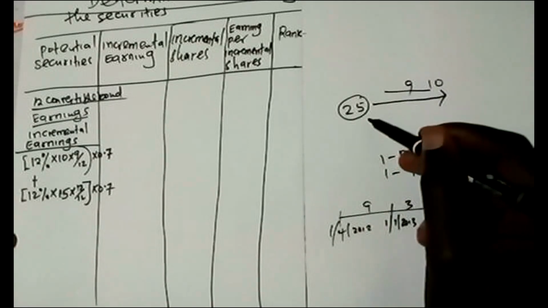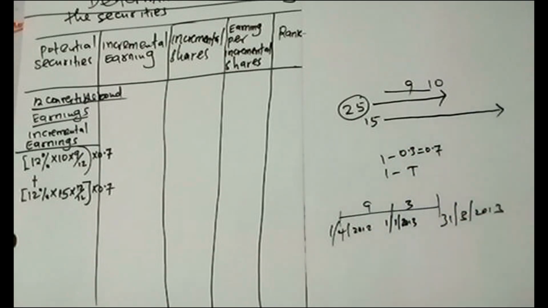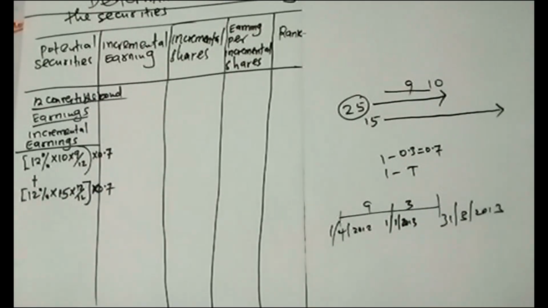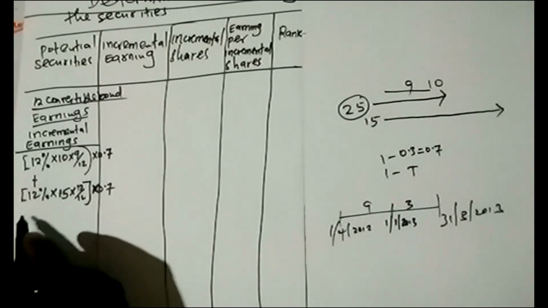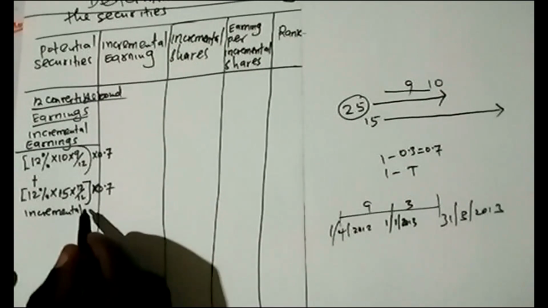Remember that the 15, which was never converted, was there for the entire period, because it was there from the start. That is why I'm saying 12% of 15 times 12 over 12 times the tax shield of 0.7. That was concerning earnings.